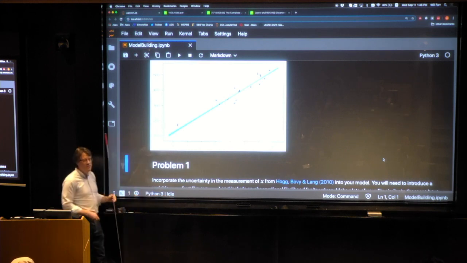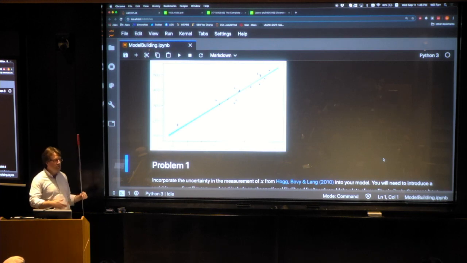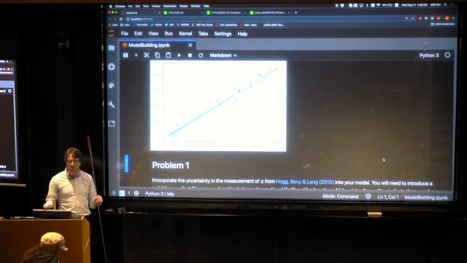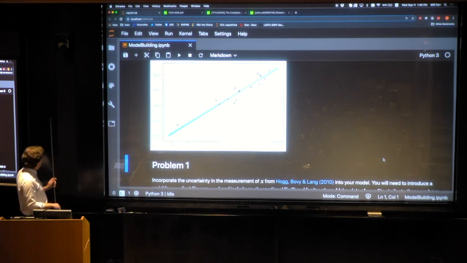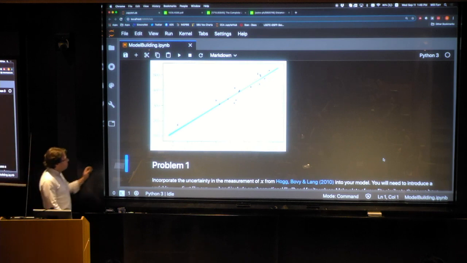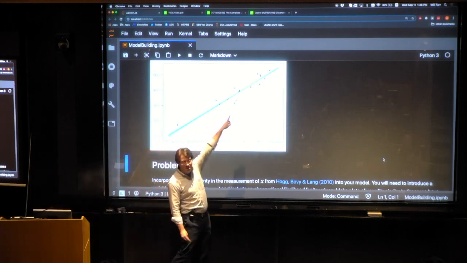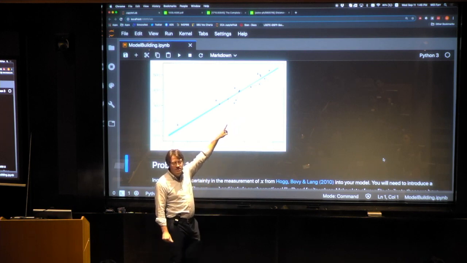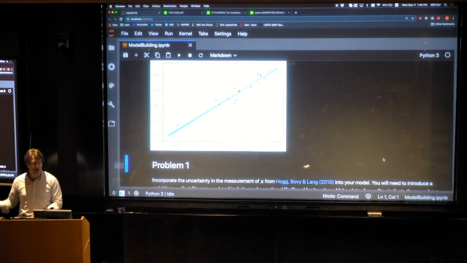So the lesson here is you can get a perfectly good fit, the sampler runs smoothly, you get an effective sample size that looks good, you make a pretty plot, and if you don't think carefully and compare your actual data to your model's predictions for the data, you can have a completely wrong model. And I will just go out on a limb. I didn't generate this data, David Hogg did, but I will tell you that this model is wrong.